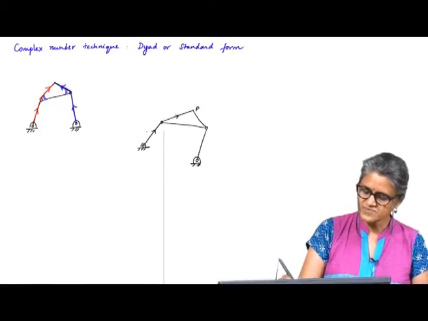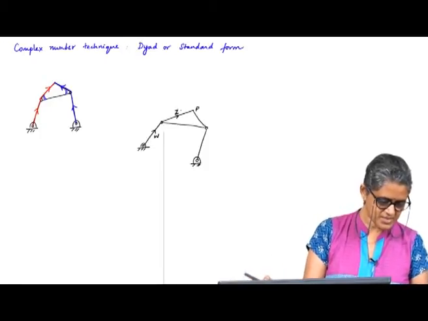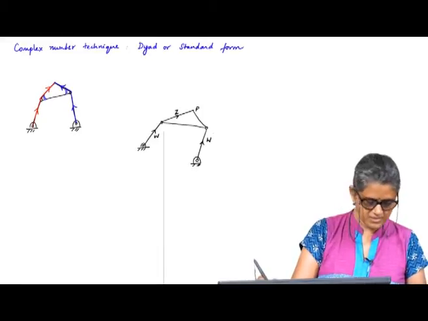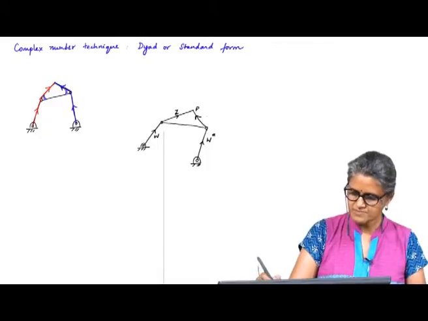I will call this vector W and this vector Z, and I will call this vector W star and this vector Z star.